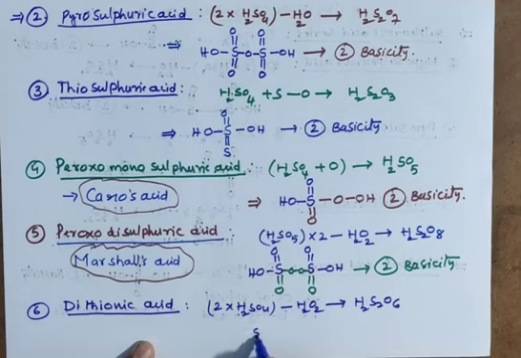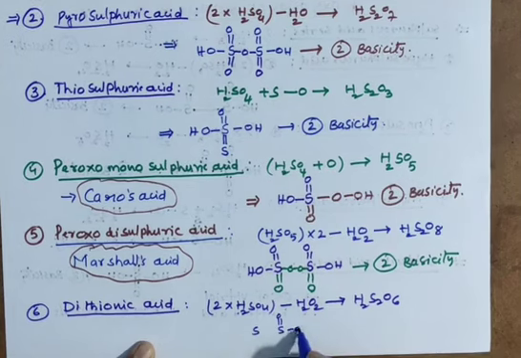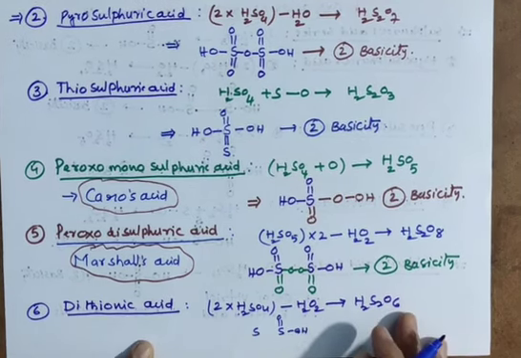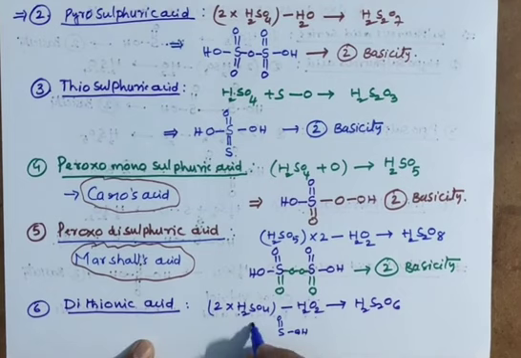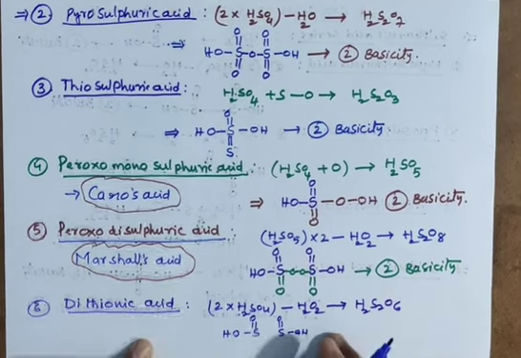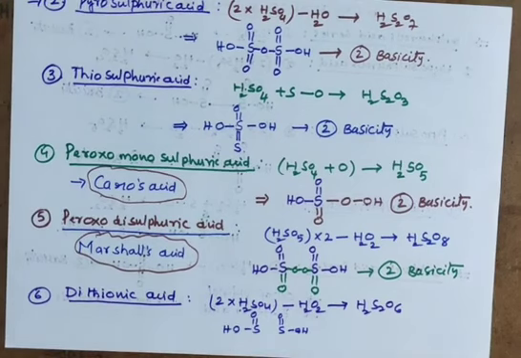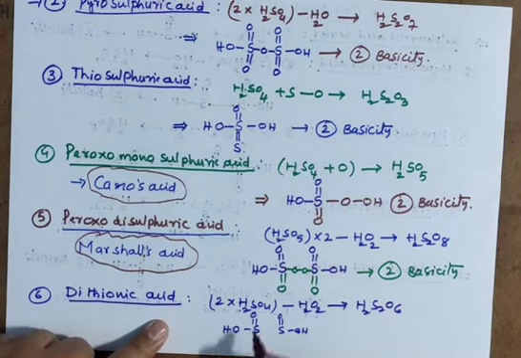Two sulfurs are there. Take two sulfurs. Each one having double bond O, OH. And here double bond O, OH group. Basic unit is completed. Remaining two more oxygens are there.